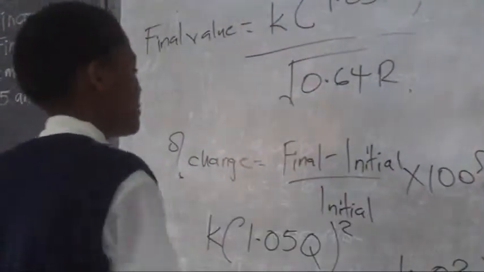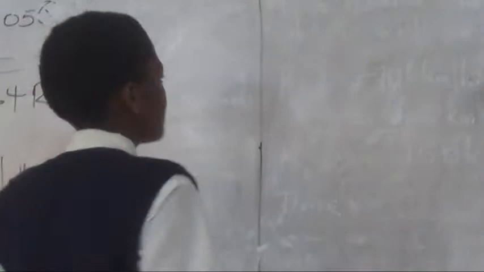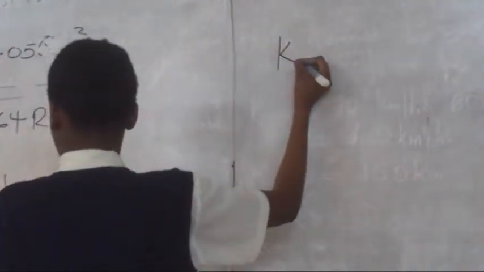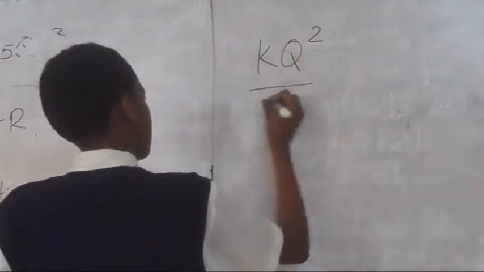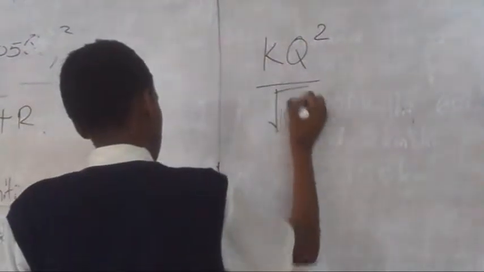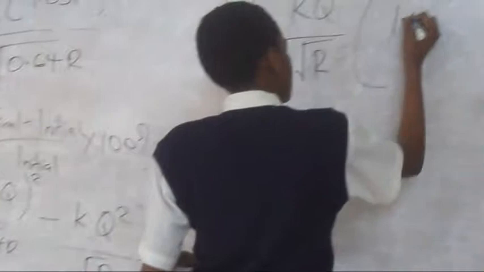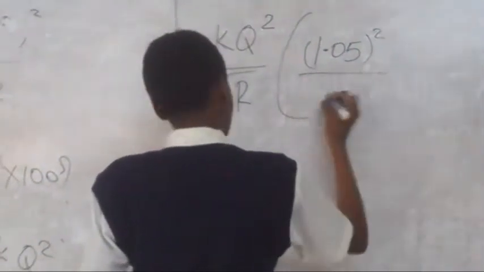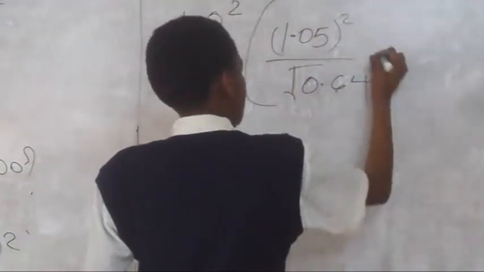Over the initial value, times 100%. We'll first work out the numerator, so we simplify. We'll have K Q squared over root R into 1.05 squared over root 0.64, minus 1.